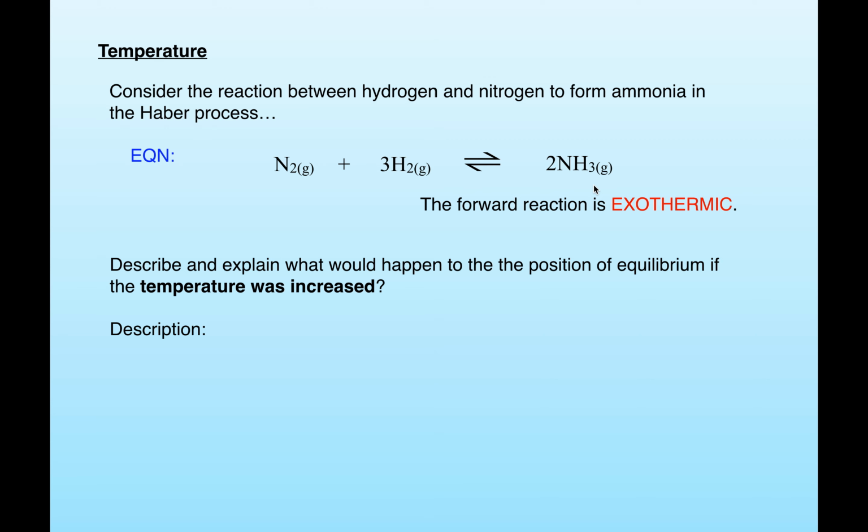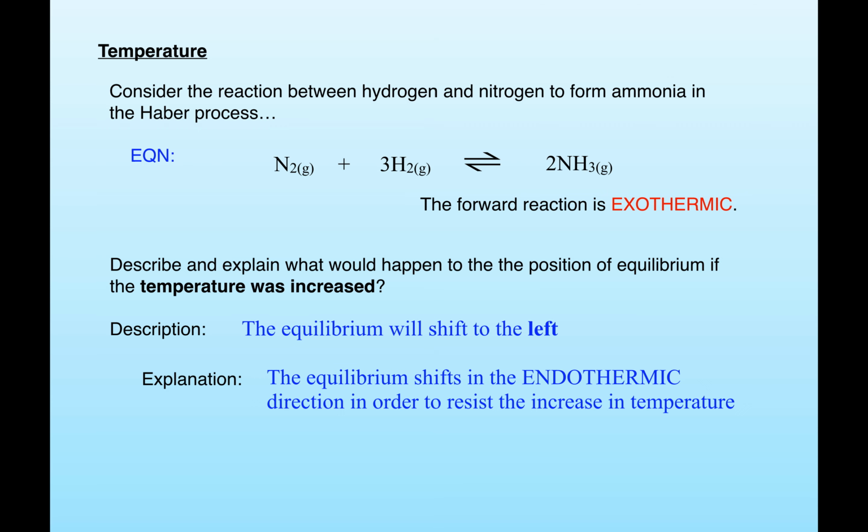So here, the equilibrium would shift to the left. We would get more of the reactants and less of the product. Why? Well, as we've just said, it will shift in the endothermic direction in order to try and decrease the temperature, to resist the increasing temperature.